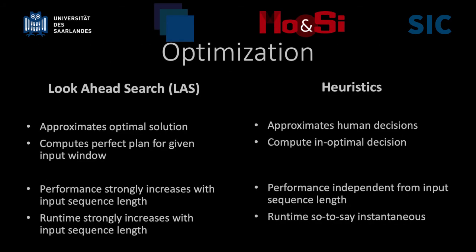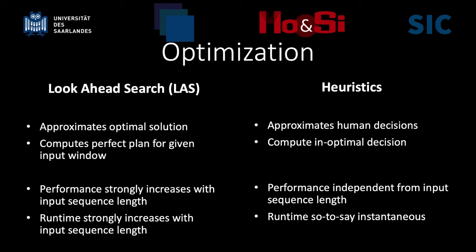To evaluate the performance of our deep reinforcement learning approaches, we compare ourselves to established algorithms. The first one is what we call a look-ahead search that is based on the well-known planning algorithm A*. We compute a perfect plan for the given input window. That means a sequence of actions until all cars of the current input sequence would be inserted.